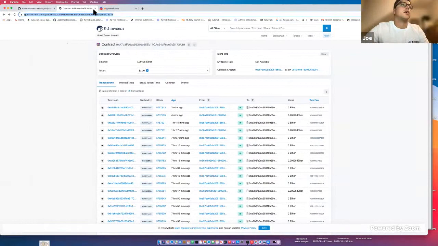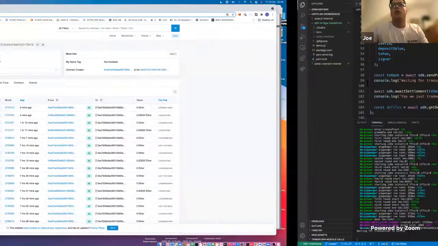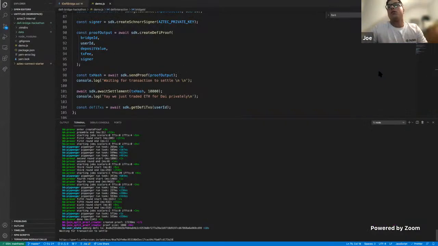Yes, so this is the test rollup that the SDK is connected to on testnet. We've changed the interface slightly on this one.